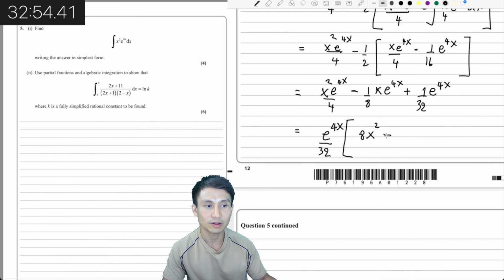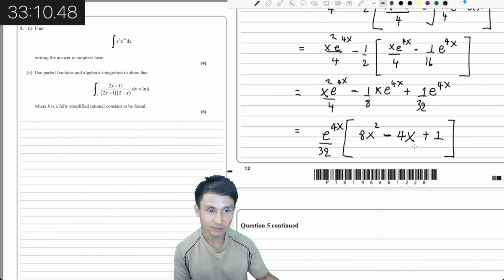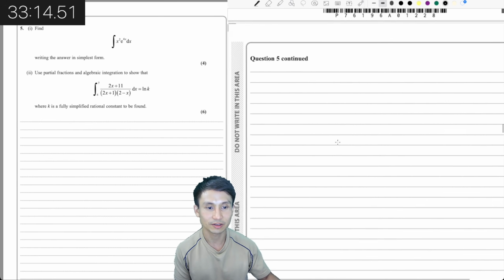And then this one is a minus 4x, because when you multiply in, you get 1 over 8. And then the last one is just 1, because when you multiply in, you get exactly 1 over 32 e to the 4x. So that's it. That's the simplified form for the answer.